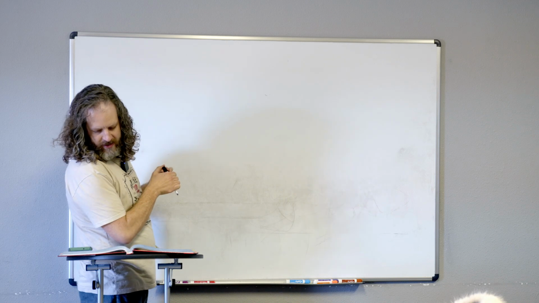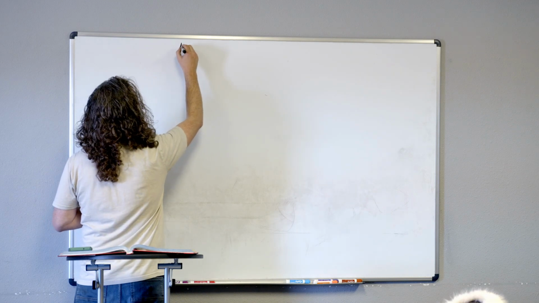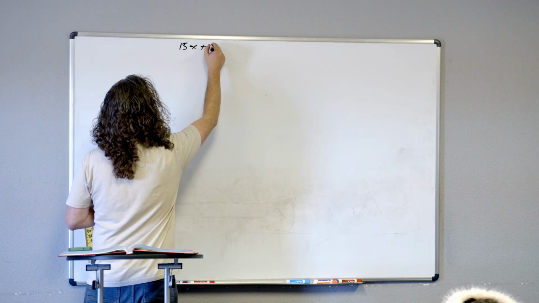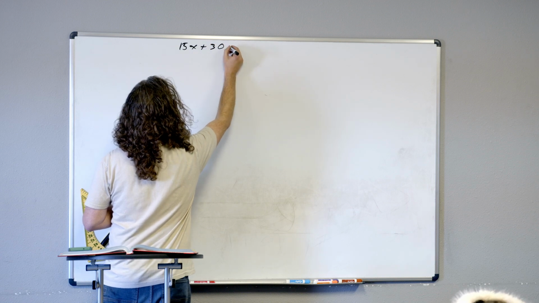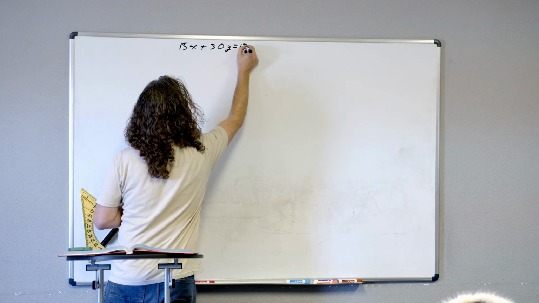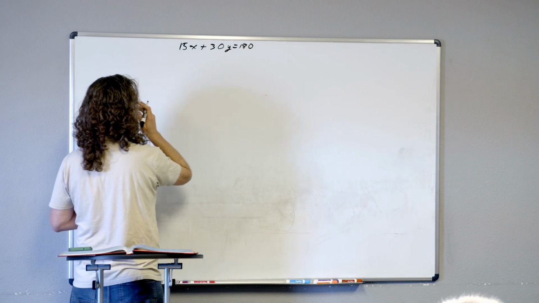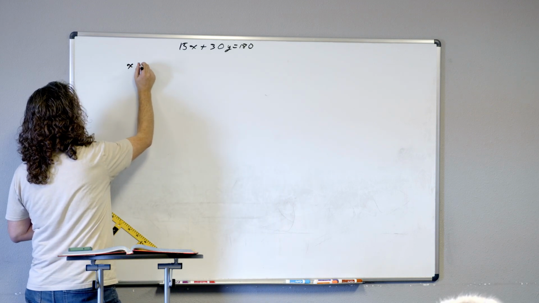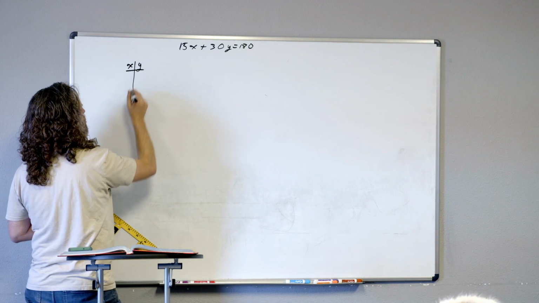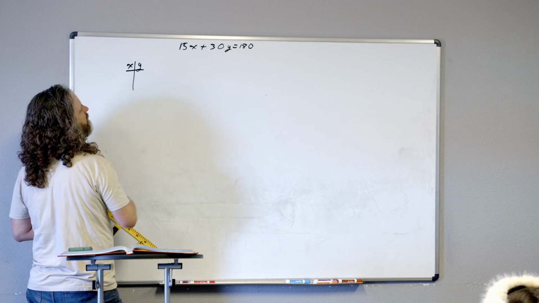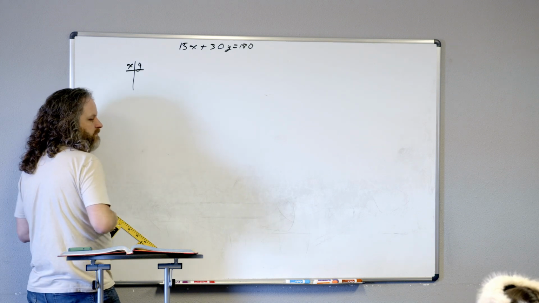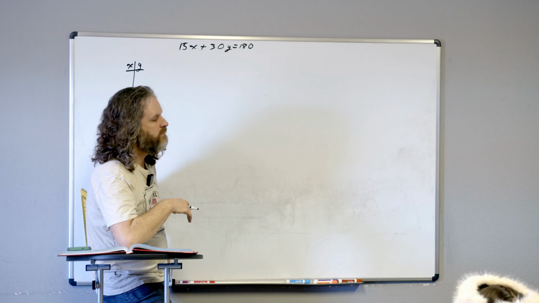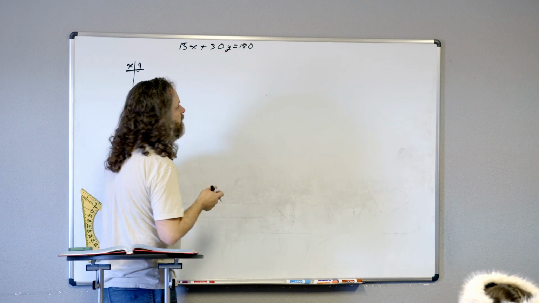So the equation is 15x plus 30y equals 180. If I want to find the x and y intercepts, what do I do? To find the x-intercept, replace the y with 0.